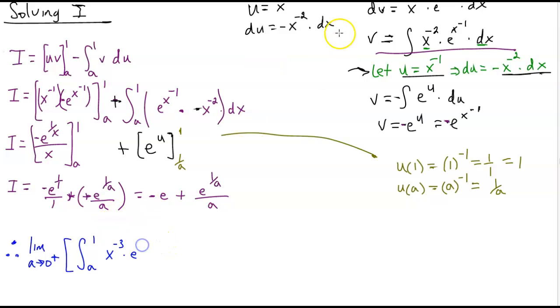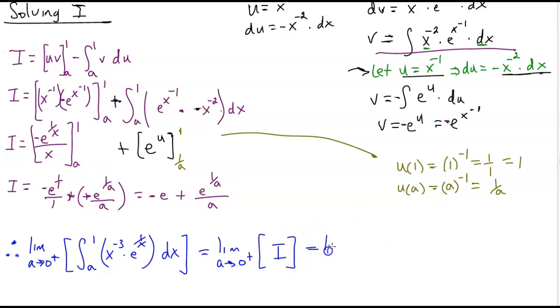So if we do that, this is the same thing as the limit of whatever I was, and we see here that I was just e raised to the 1 over a minus e. And we need to evaluate the limit of that as a approaches 0 from the right.